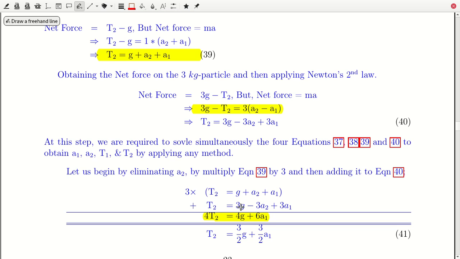This is 6 here instead of 4. So when you simplify, you will get T2 equals 3 over 2 G plus 3 over 2 A1. Even though this expression here is wrong, this one is already corrected with the 6.